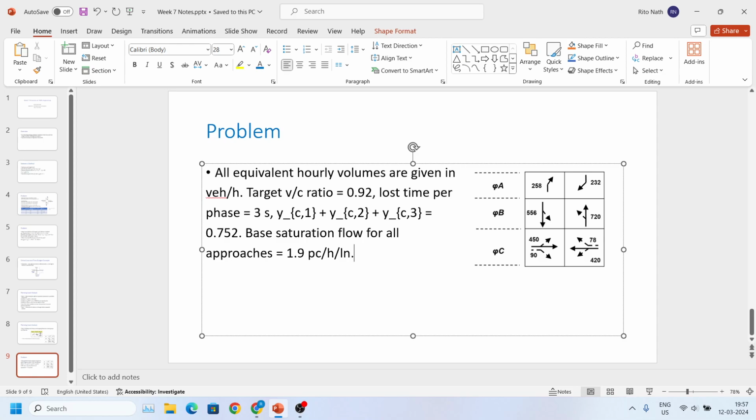But the first problem that I've given is to determine the critical lane volume. So the answer is simple here. The first one is 258, the next one is 720, and the third one is 450.